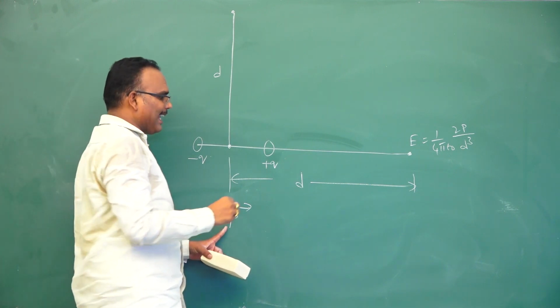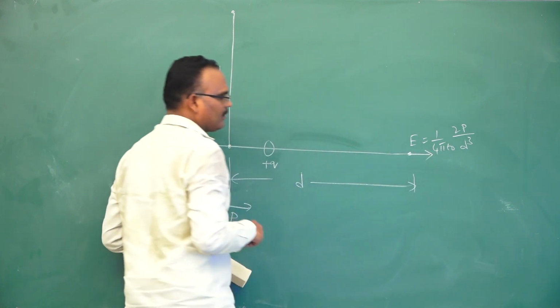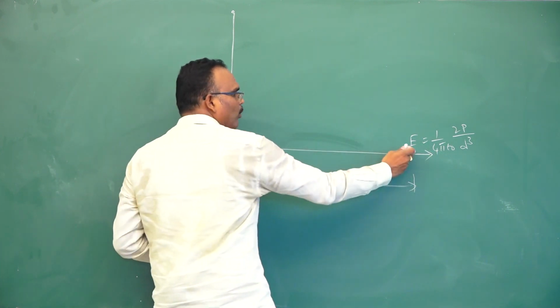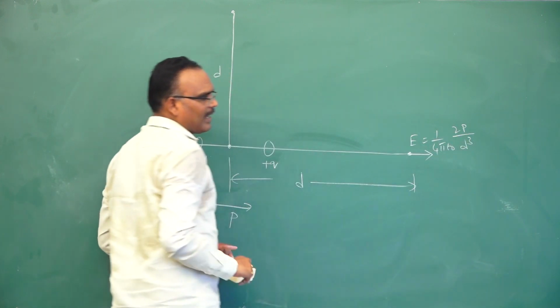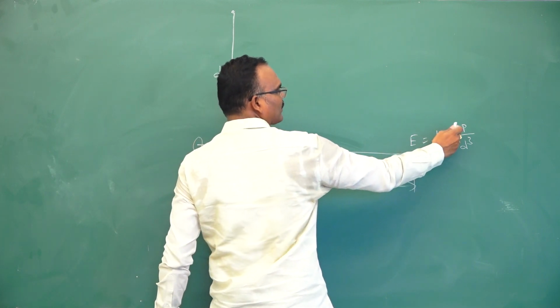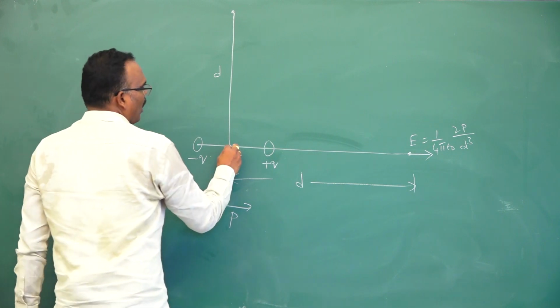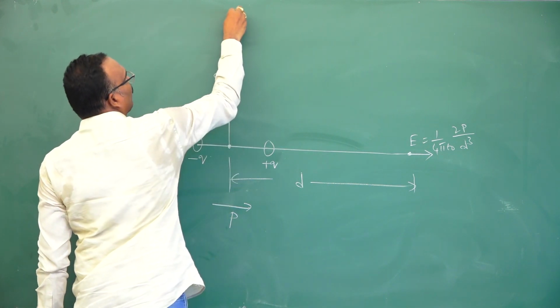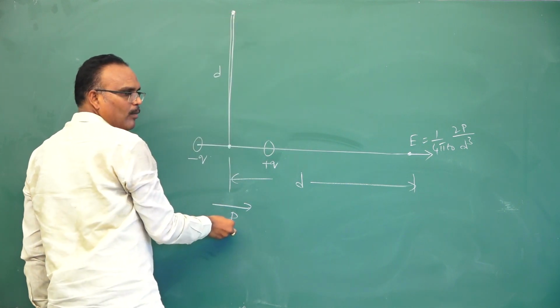Along the axial line, dipole moment and electric field are in same direction, because angle between them is 0, so electric field will be in this direction. The magnitude is 1 by 4 pi epsilon naught 2p by d cube. Similarly, along the equatorial line at any point, electric field will be opposite to the direction of dipole moment.